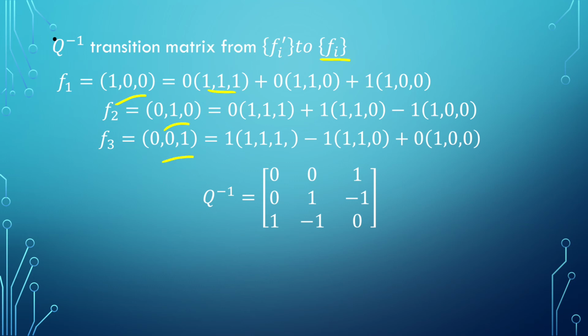Applying the relation criteria, you'll find that that 0, that 0, that 1 is this one. That one, that one, that one is here. This, and that is actually here. And that becomes your Q inverse. This is a matrix which is mapping F bar to F.